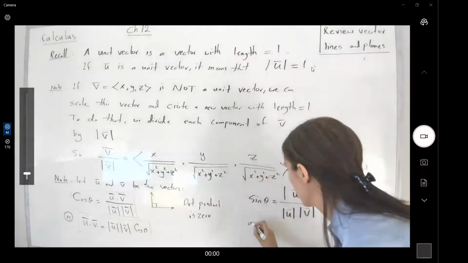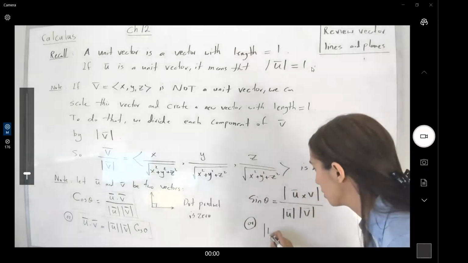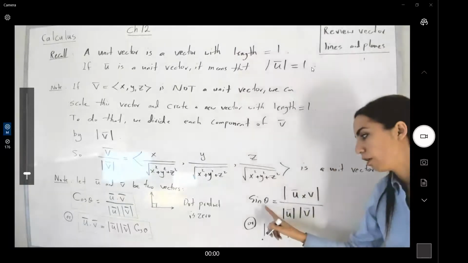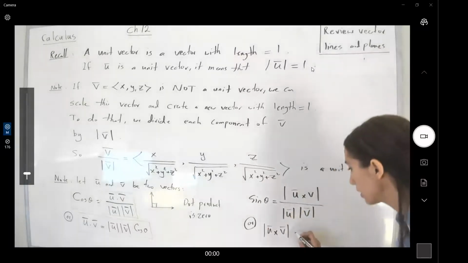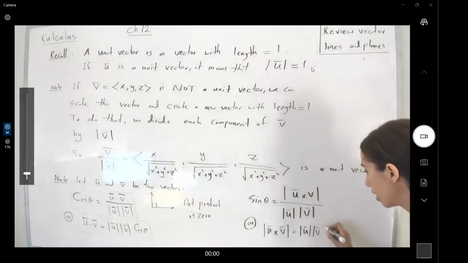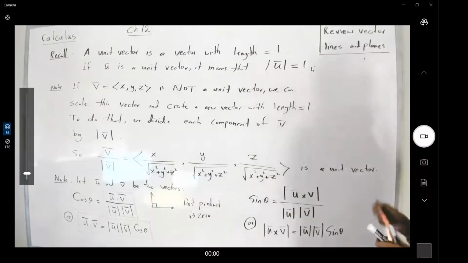Or if the question says to find the magnitude of the cross product between two vectors, and you already know what theta is, you can use it. You have the magnitude of u times the magnitude of v times sine theta.